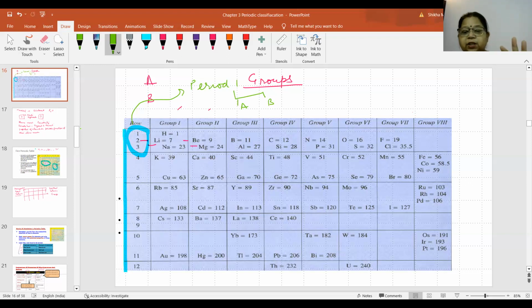It is the only place in the entire periodic table which has 3 elements. Apart from this, whatever they have written as 4 and 5 in one box is considered our period 2. Similarly, 6 and 7 will completely make period 3.